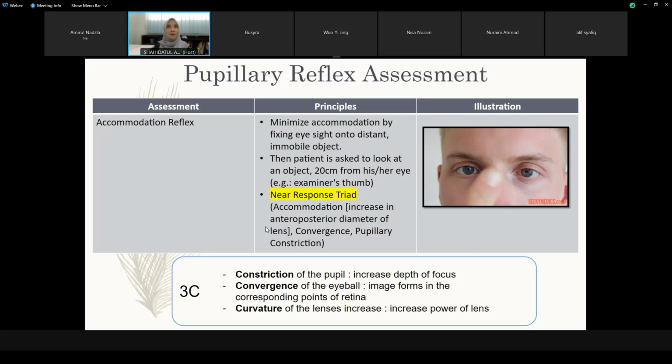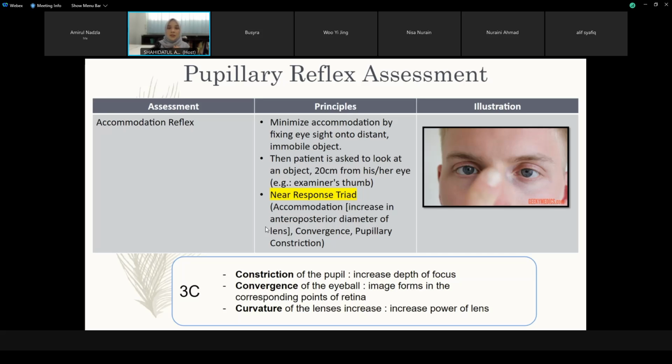Okay. But in those with traumatic mydriasis, where perhaps the innervation of the sphincter muscles is gone, the pupil will not constrict despite accommodation. Okay, then convergence of the eyeball.